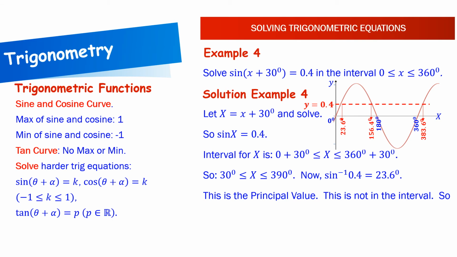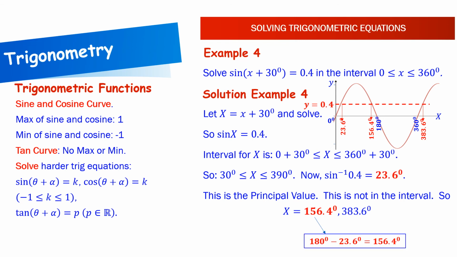And therefore the other values are 180 degrees minus 23.6 degrees, which is 156.4 degrees, and 360 degrees plus 23.6 degrees, which is 383.6 degrees, as you can see from the graph.